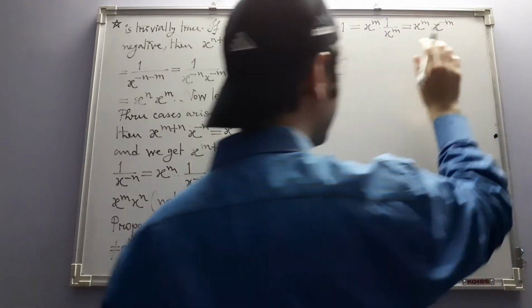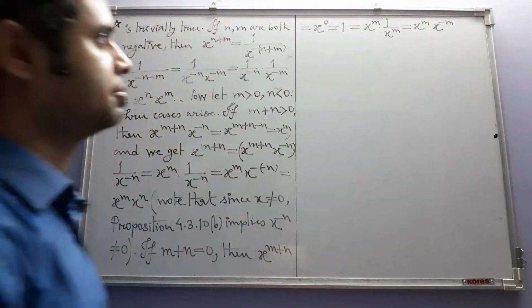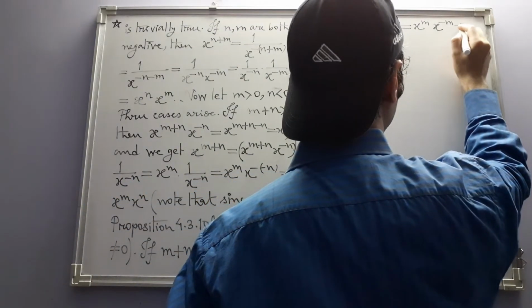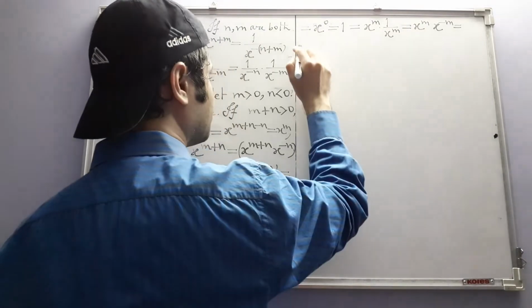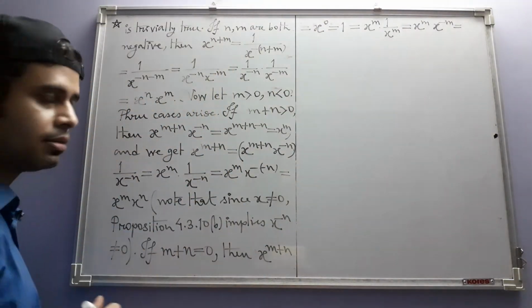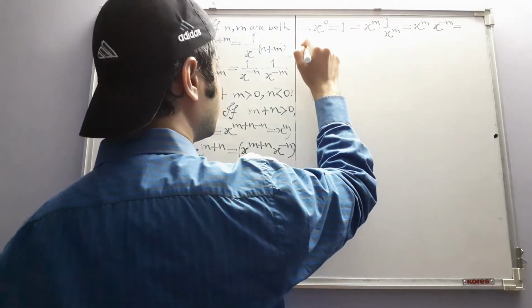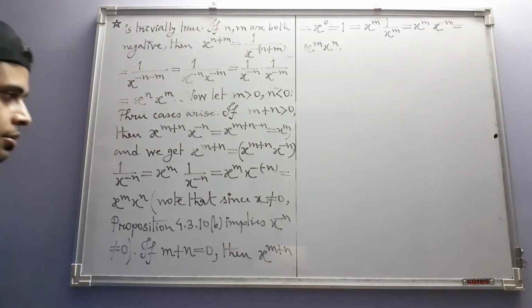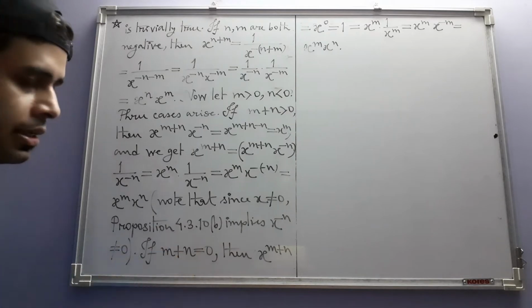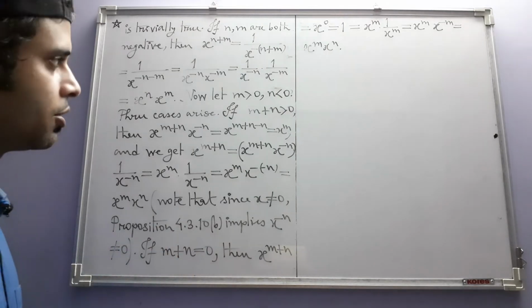That's the meaning of x to the power minus m. And since minus m now is n, we can write x to the power m times x to the power n. So if m plus n is 0, then also the formula is true.